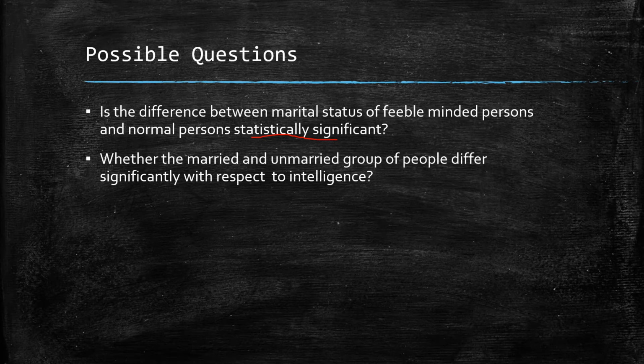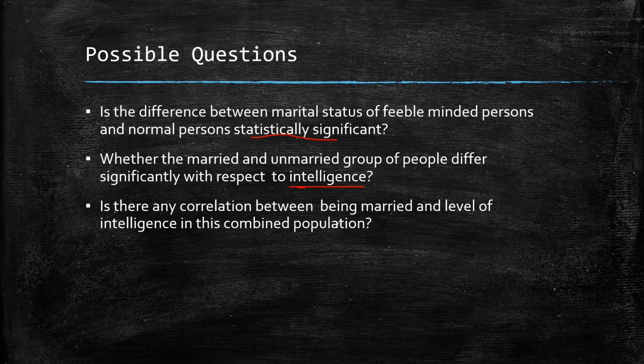Whether the married and unmarried group of people differ significantly with respect to intelligence? Is there any correlation between being married and level of intelligence in this combined population?